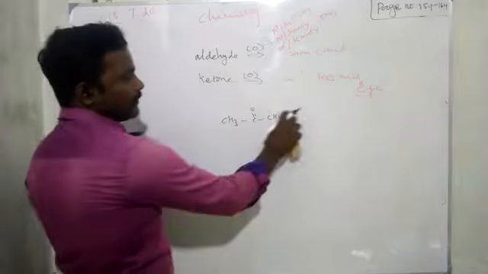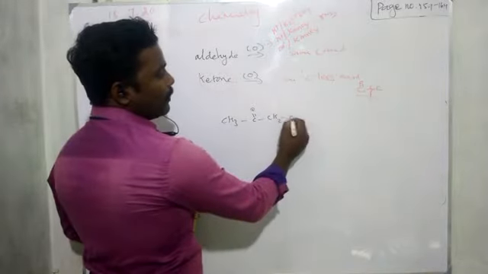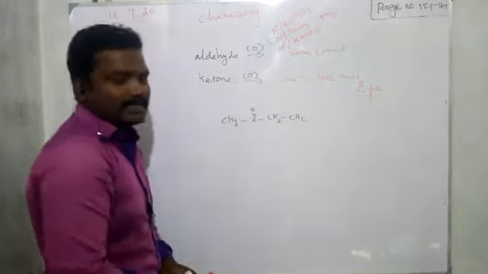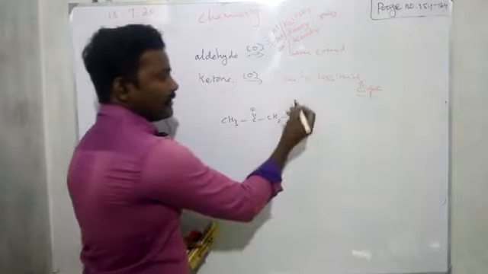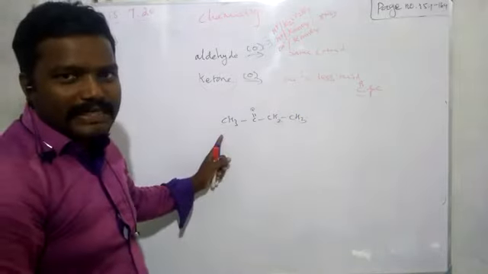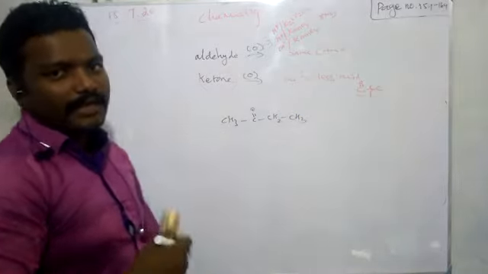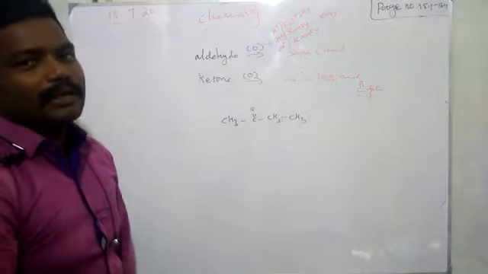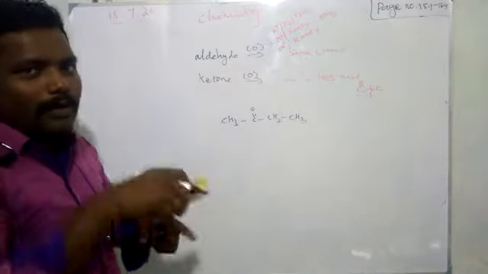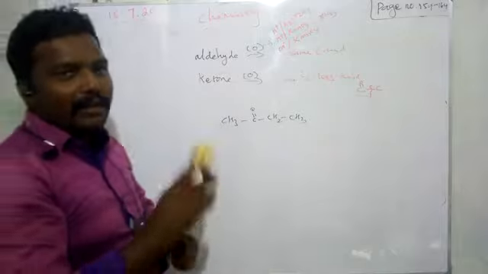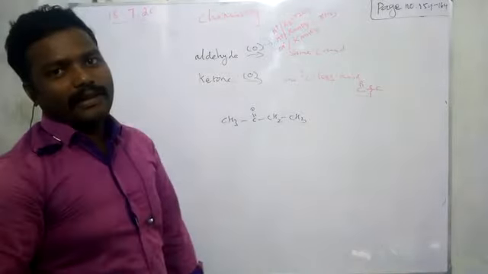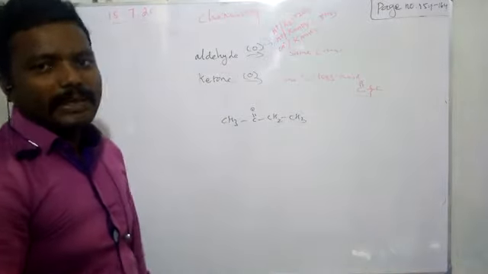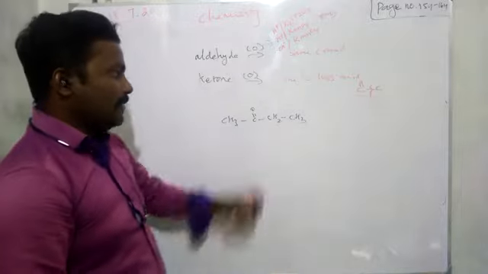In case one more CH3 is present, we can make it 3. So one side CH3 alone, the other side CH3CH2. So it is an unsymmetrical ketone. You have to consider the C=O as the middle and compare both sides. If it is the same, we say symmetrical ketone. If not the same, we say unsymmetrical.